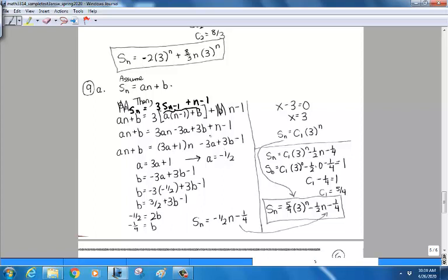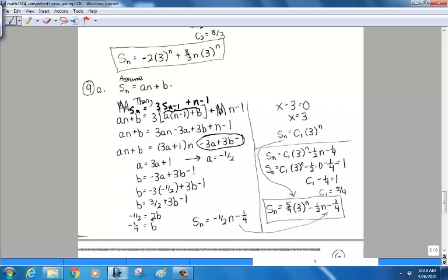Now, what about for your constants? Well, here you have minus 3a plus 3b minus 1. On the right-hand side, this is your constant, but on the left-hand side, your constant is b. So that means b is equal to minus 3a plus 3b minus 1. But you already know what a is, right? A is minus 1/2. So substitute that and then solve for b, and you get b is minus 1/4.